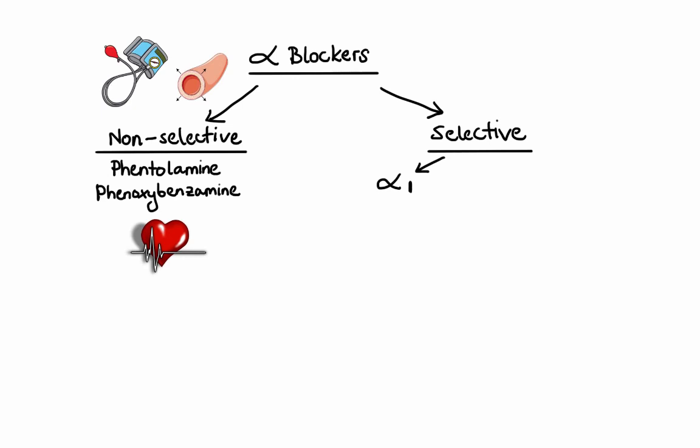So these agents selectively and reversibly block alpha-1 receptors located mainly in vascular smooth muscle, which reduces peripheral resistance and leads to decrease in blood pressure, and they also block receptors in the smooth muscle of the bladder neck and prostate gland, which causes smooth muscle there to relax, leading to relief of the urinary difficulties associated with benign prostatic hypertrophy, BPH for short, or simply enlarged prostate.